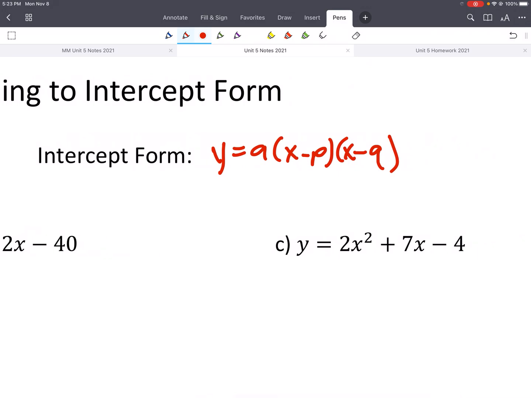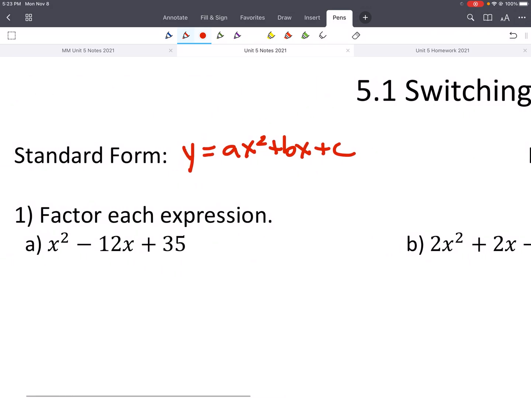All right, so we've talked about standard form before. A does the same thing that it has before. That tells us if it's opening up or down. We can use it for the direction of opening and behavior. And C is kind of nice because it will give us the Y-intercept.